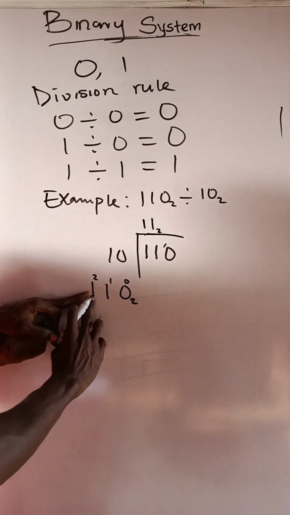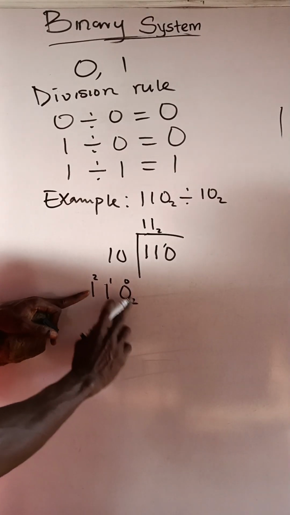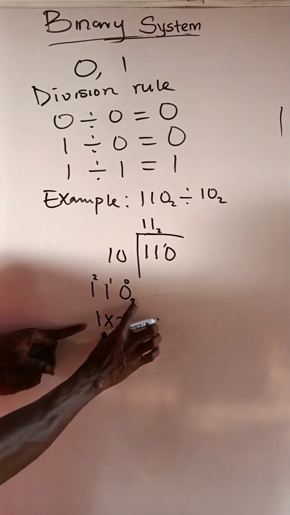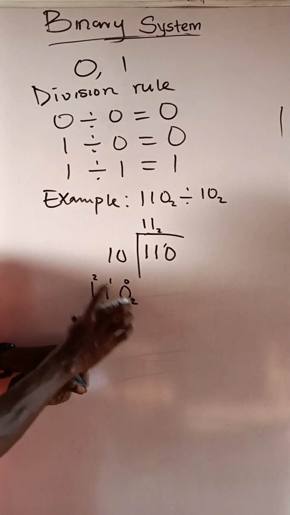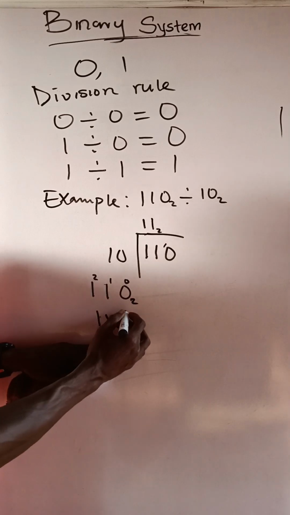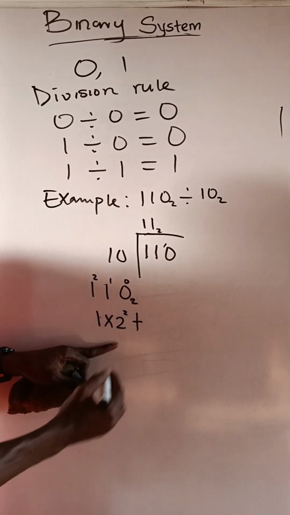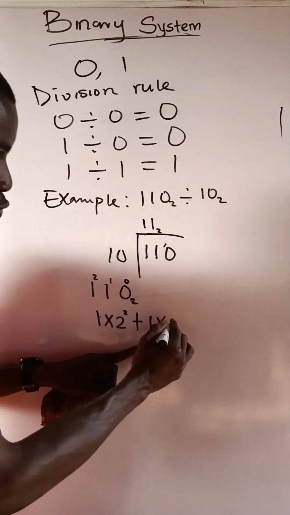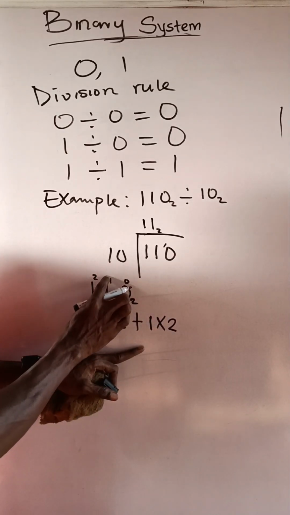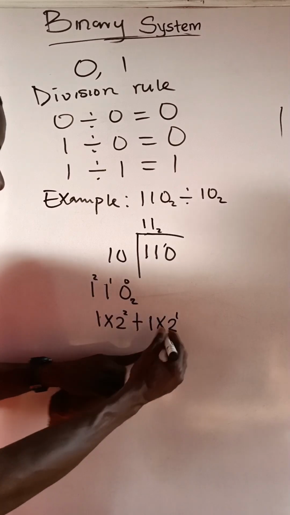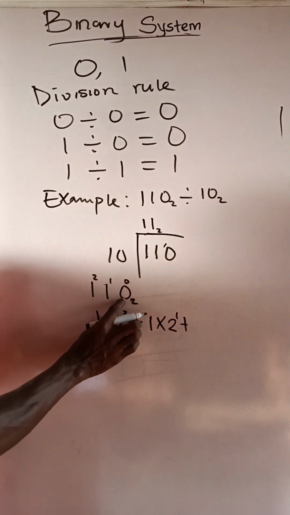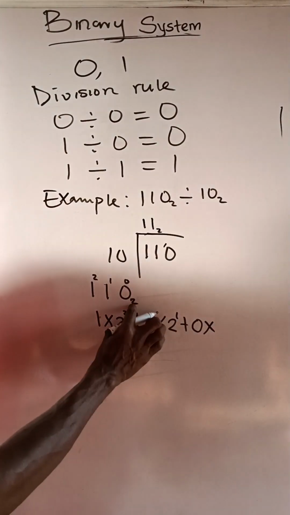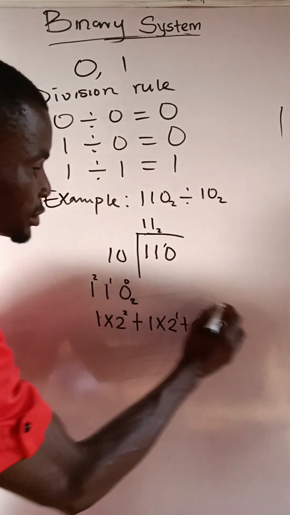This is 1 times 2 raised to power of 2. That's how we do it. You multiply it with the base, then raise it to this power, raised to power of 2, plus, now the second one, 1 times 2 raised to power of 1, plus the next one, 0 times 2 raised to power of 0.